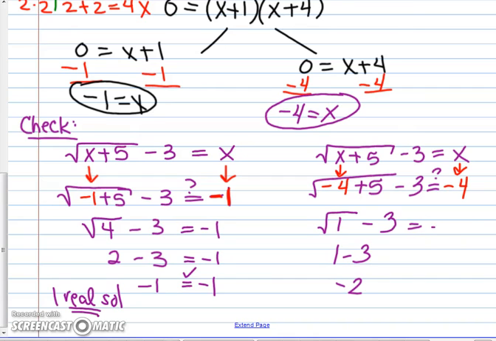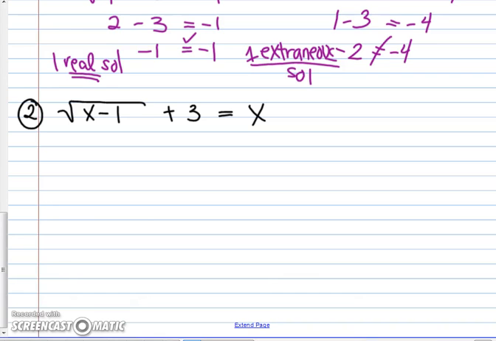Is negative 2 equal to the right side, to negative 4? No. So this is what type of solution? Extraneous. So it's one real and one extraneous. So the real solution is the one that we keep, and the other one we kind of throw out, okay?